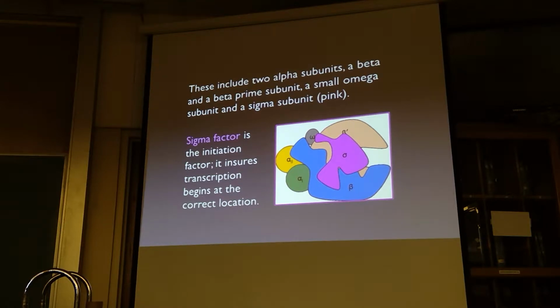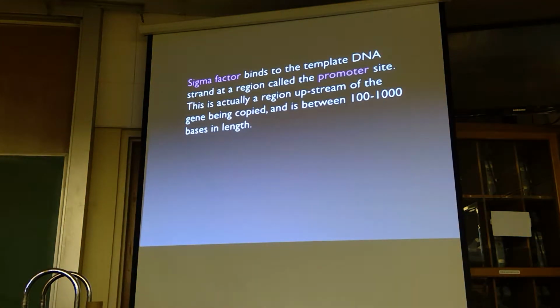The rest of the enzyme, the alpha, alpha, beta, beta prime, omega, is sometimes referred to as the core enzyme. So you can think about this as being a work crew, where sigma factor is like the foreman. Sigma factor is going to bind to a specific region on DNA that's called a promoter site.